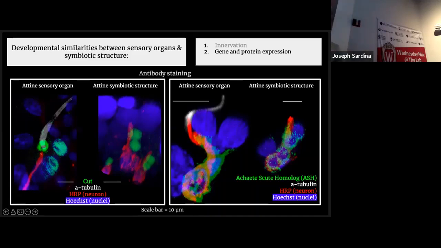Its expression marks the progenitor cell, and this progenitor, or mother cell, divides and becomes the entire structure. If you knock down this gene, as has been done in other insects, you get a complete absence of these sensory organs. So it plays a very important role, and it's quite interesting that we see a similar expression in the symbiotic structure.